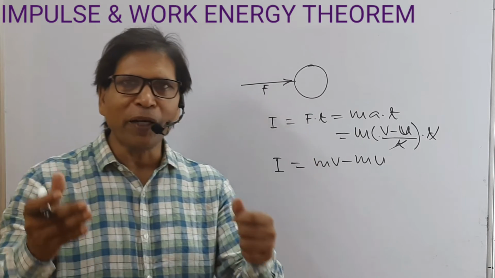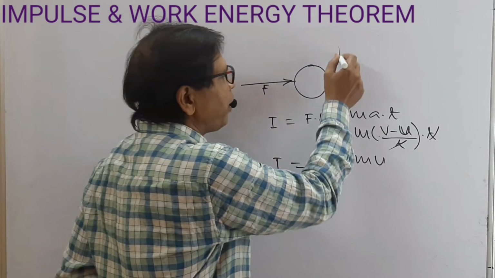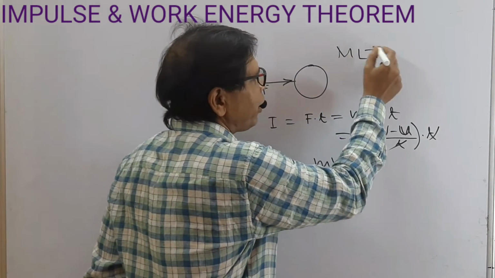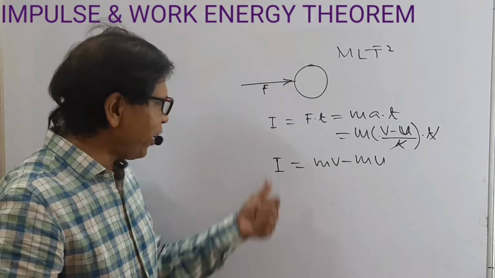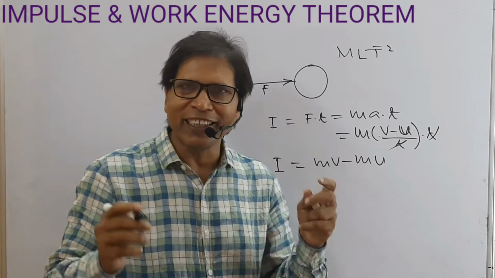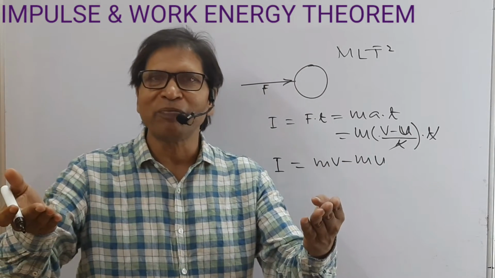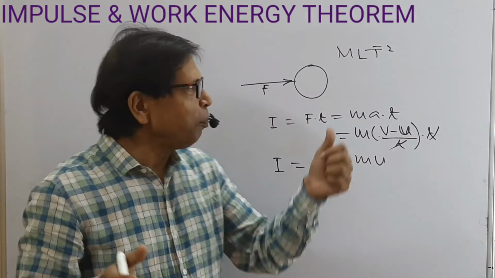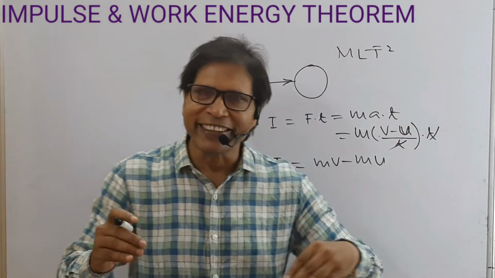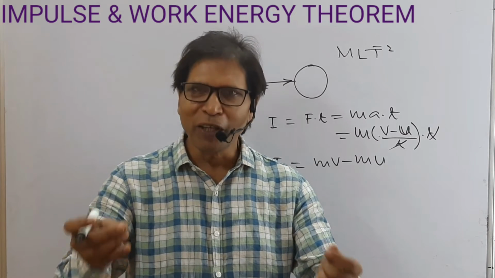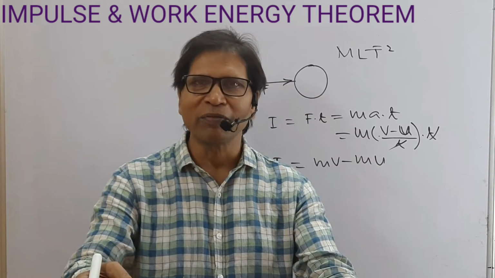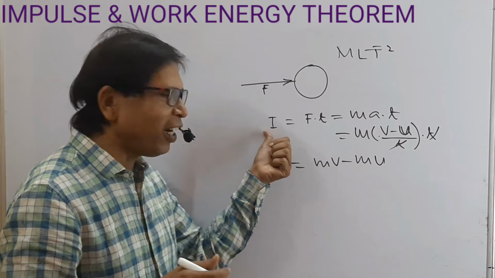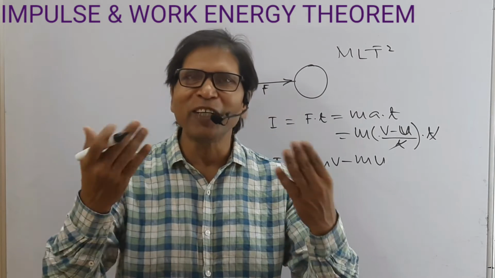The dimension of impulsive force is the dimension of force, that is M L T to the minus 2. Whereas the dimension of impulse is the dimension of momentum, that is M L T to the minus 1. Impulsive force produces large acceleration for a very short interval of time, but impulse produces change of velocity.